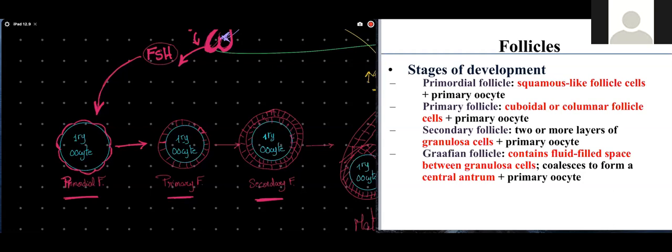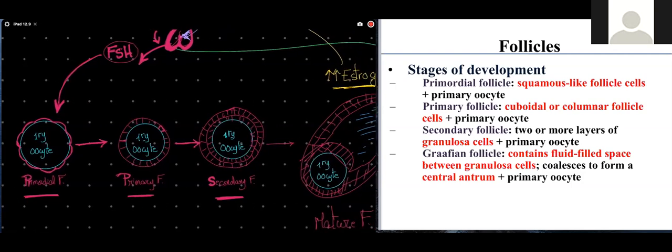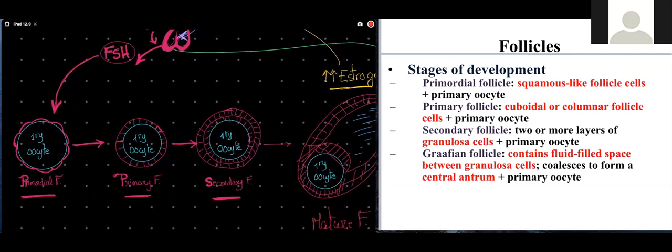And then the primary follicles will become secondary follicles, where the follicular cells won't be just one layer. I will have two or more cell layers surrounding the primary oocytes. Remember, the primary oocytes will not complete meiosis 1 until the time of ovulation.